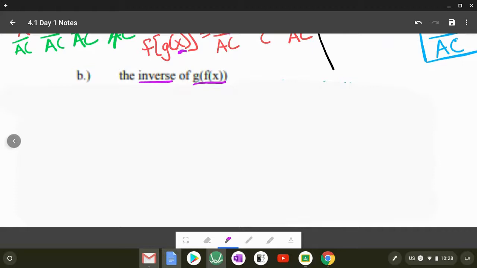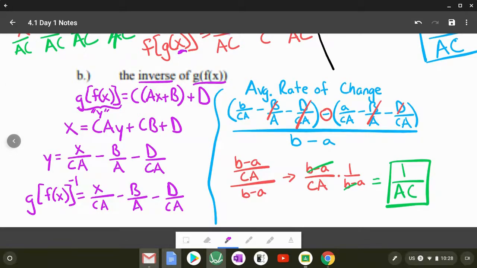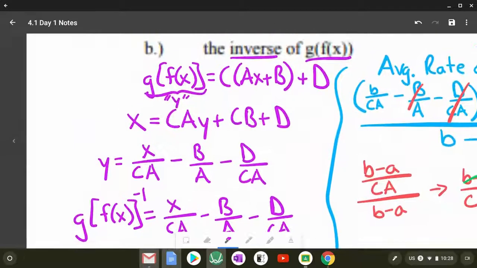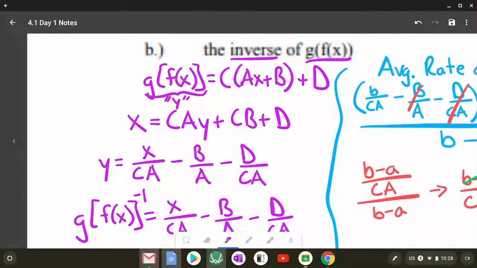All right, let's go ahead and check it out. Hopefully you tried it. Here's the work. Again, we first have to find that composition function, g of f of x. That meant we plugged the f function into the g. By doing that, we got this. And then from there, we have to find the inverse of this composition function.